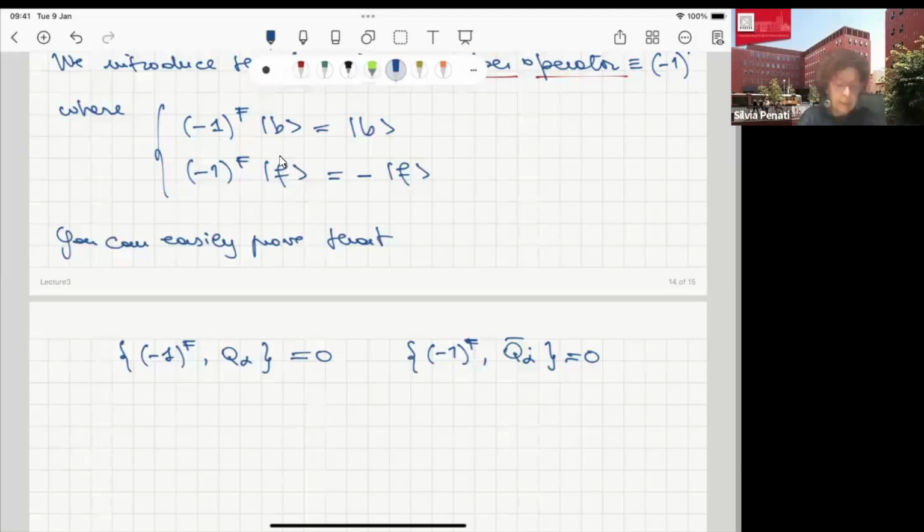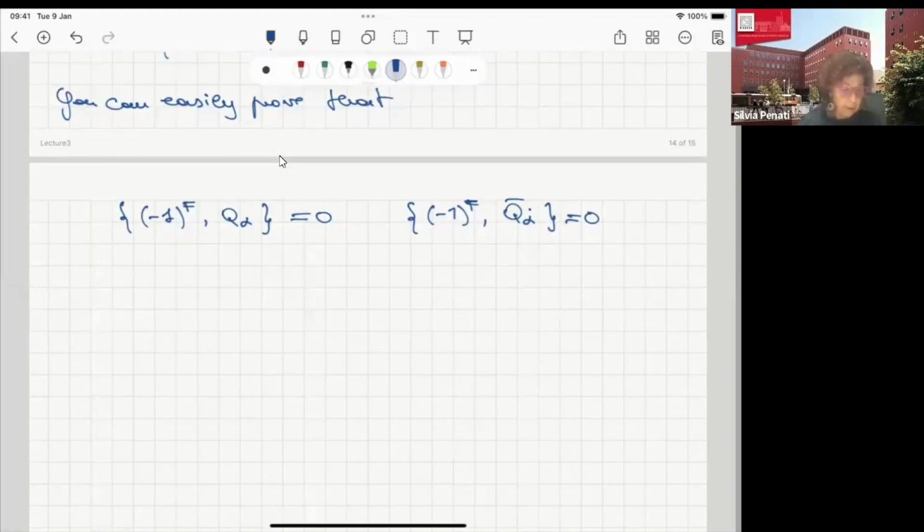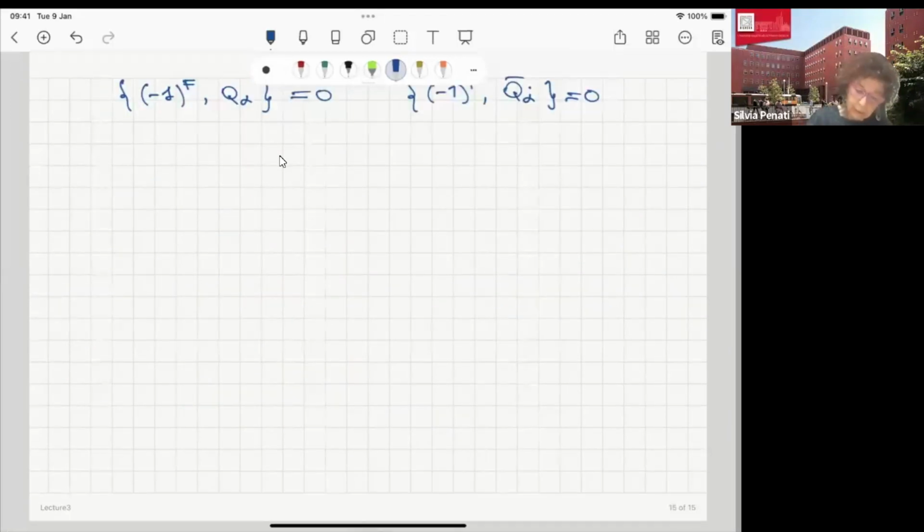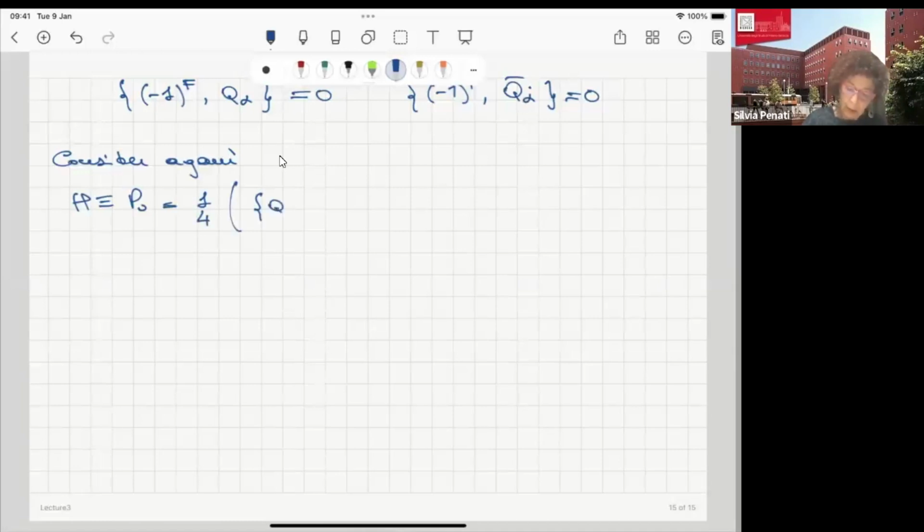Now let's consider again the energy that I wrote before. Remember? Well, I can rewrite it. Consider again the energy operator, which by definition is P0, that we found to be equal to 1/4 the anti-commutator of Q1 with Q bar 1 dot plus the anti-commutator of Q2 with Q bar 2 dot. Okay.